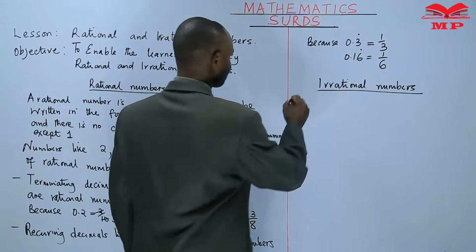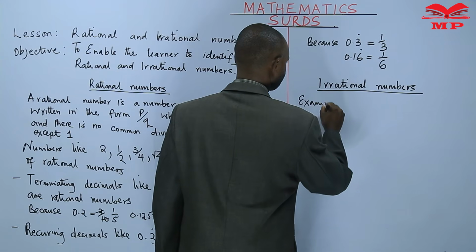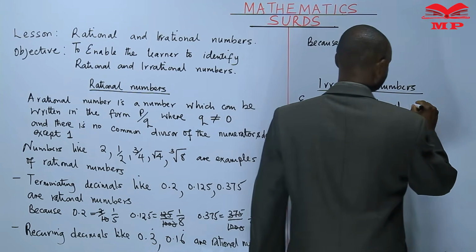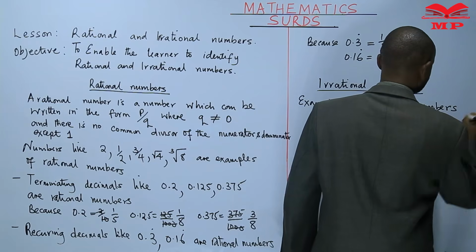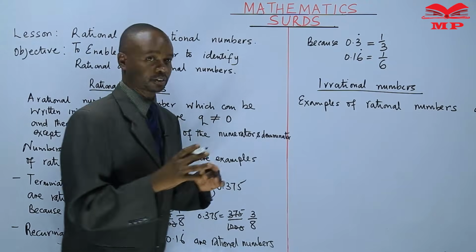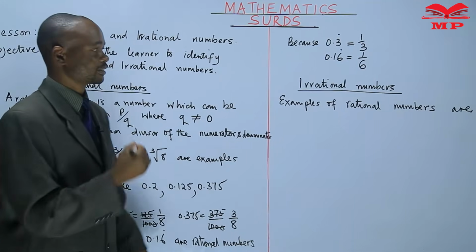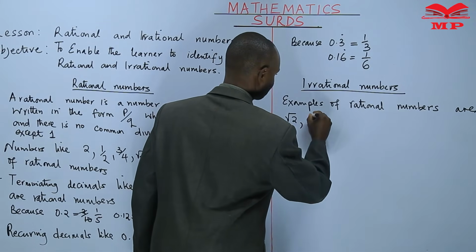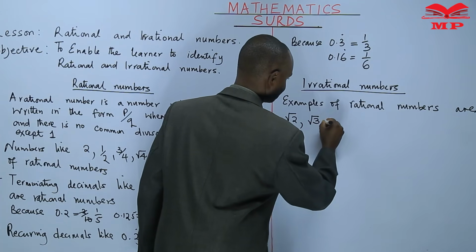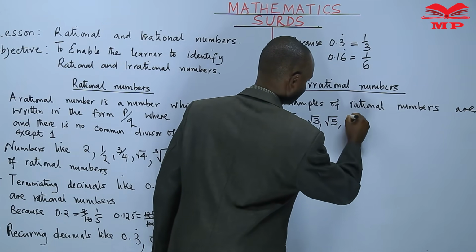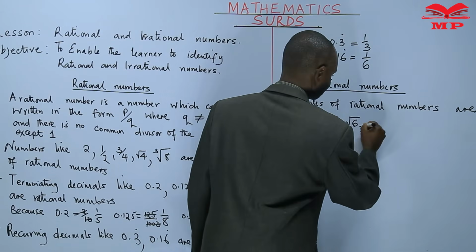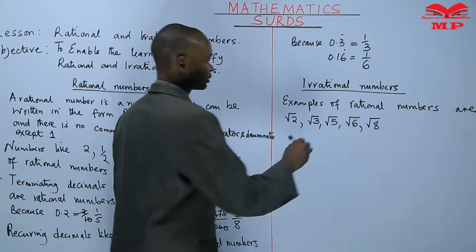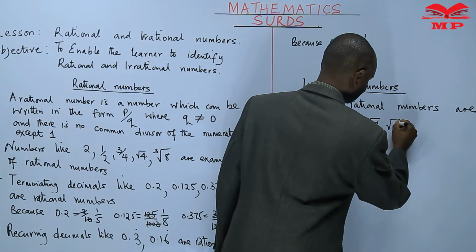Examples of irrational numbers, and I'm going to give examples from 0 to 10 in the surd or root form, are square root of 2, square root of 3, square root of 5, square root of 6, square root of 7, square root of 8, and square root of 10.